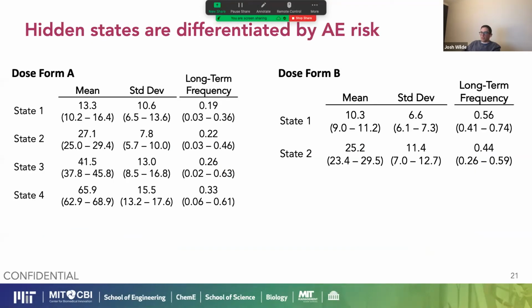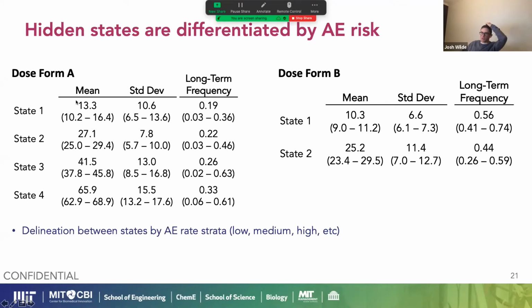The last thing that I'll say before concluding is that the states that are induced by the models, the best fit models that we observed on that prior slide. So this is zooming into one of those colored squares and opening it up and looking at the estimated parameters behind those models. You can see that there is clear delineation between the states in terms of adverse event risk.